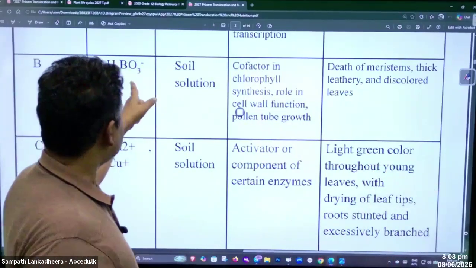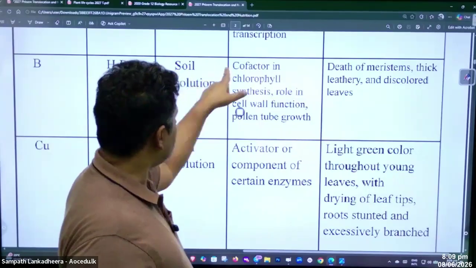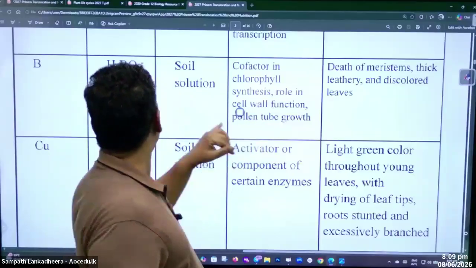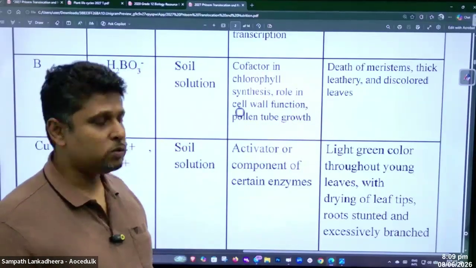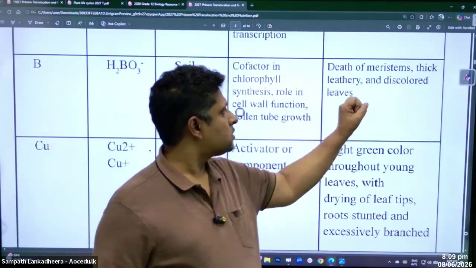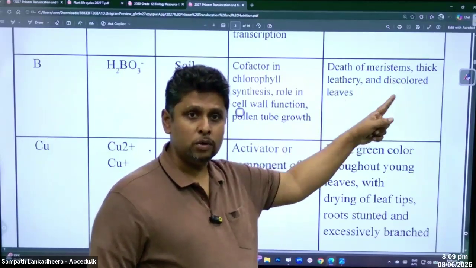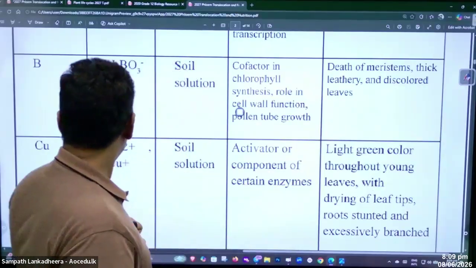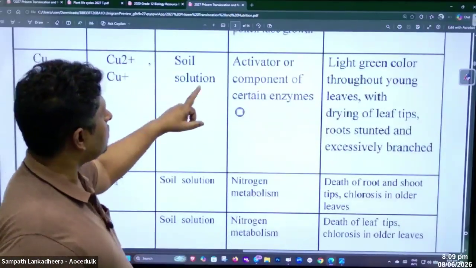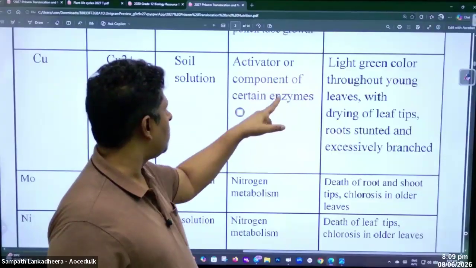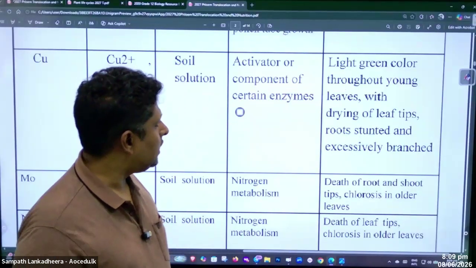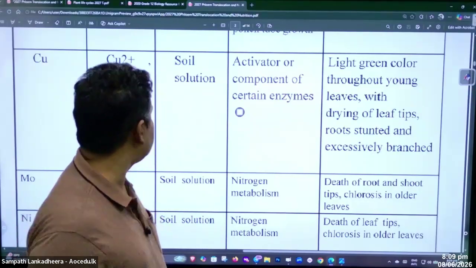All right. So H3BO3 (boron): soil solution, cofactor for chlorophyll synthesis, role in cell wall and pollen tube, that we took. Pollen tube story, we took that. Death of the meristems, dead terminal buds, decolorized leaves, we took that, right? Copper: soil solution, activator or component of certain enzymes, light green color throughout young leaves with drying of the leaf tips.